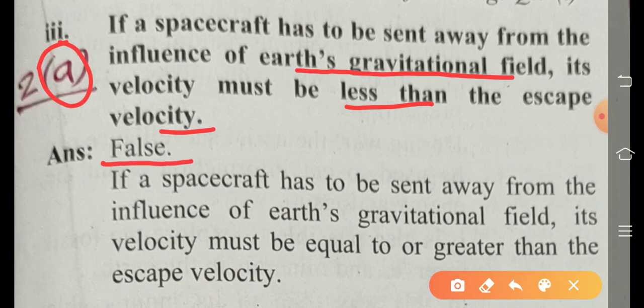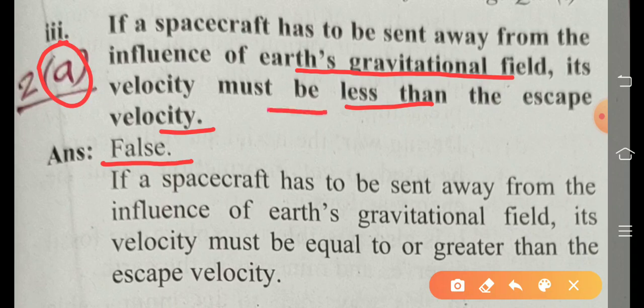This question is given as state true or false with explanation, like in our textbook. Check the question in your exercise. Question number 2, the first option is given: state with reasons whether the following statements are true or false. So the first statement is false.